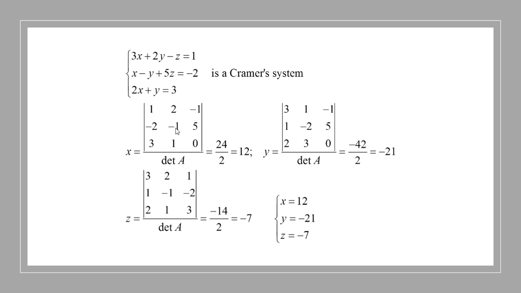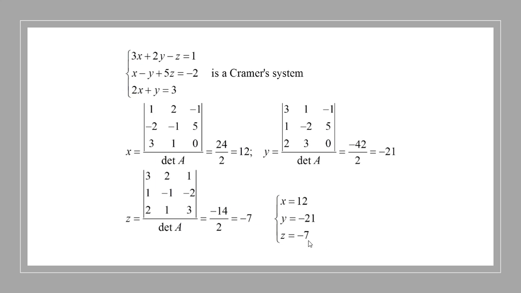So what is the determinant of each? As you have already learned the procedure of the determinant, this one is 24 divided by 2, this one is minus 42 divided by 2, which is minus 21, and this one is minus 14 divided by 2, which is equal to minus 7. So the values are x is equal to 12, y is equal to minus 21, and z is equal to minus 7.